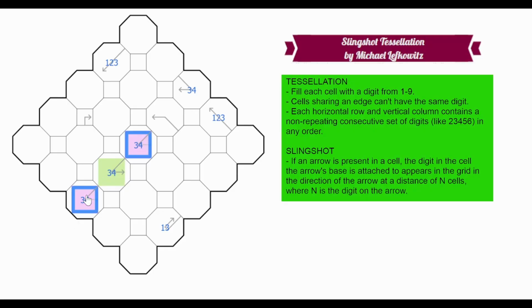Therefore, that means these two are the same, which is worth noting. These two are pointing at cells the same distance away. It's either they're into both of these cells or both of these cells. Interesting.